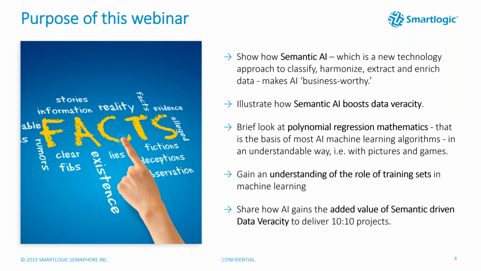We also need to gain an understanding of the role of training sets, because they're one way to ground the algorithms. And there is another way, and we'll come to that, but it is, of course, a semantic way. It's the appending of metadata to the data, and we can compare and contrast the two methods. And then we'll go through how AI gains the added value of semantic-driven data veracity.